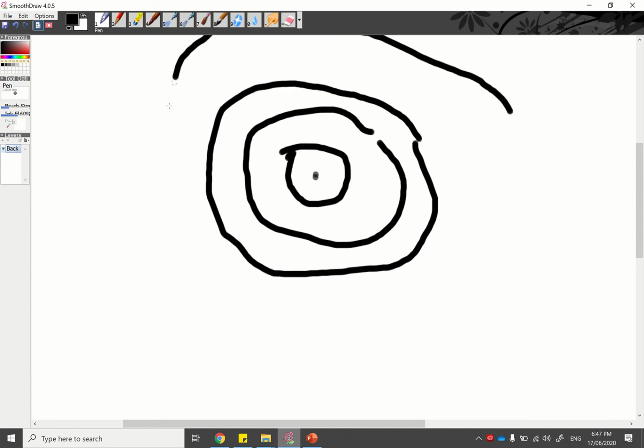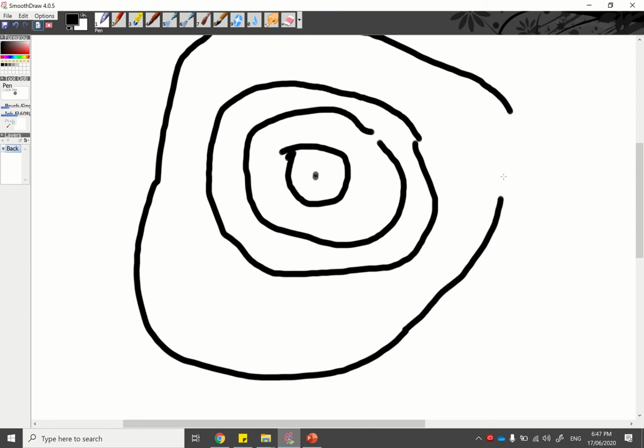Usually we draw a minimum of three circles around, but this is not a circle. This is a fried egg or something. But you get the idea. It's meant to be three circles around this wire. And if you did it properly, what the arrows should be looking like is this, going up and then down.